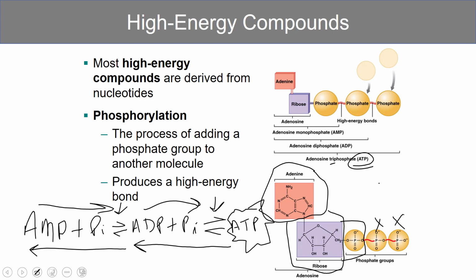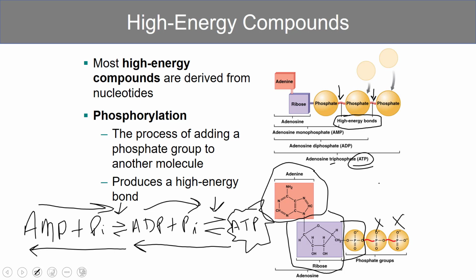So again, that process of adding phosphate groups to another molecule is called phosphorylation, and that's what is occurring here in the production of these high-energy compounds. Please note that we've identified high-energy bonds represented by these red squiggly lines. I often think of these as little firecrackers holding these phosphate groups on.